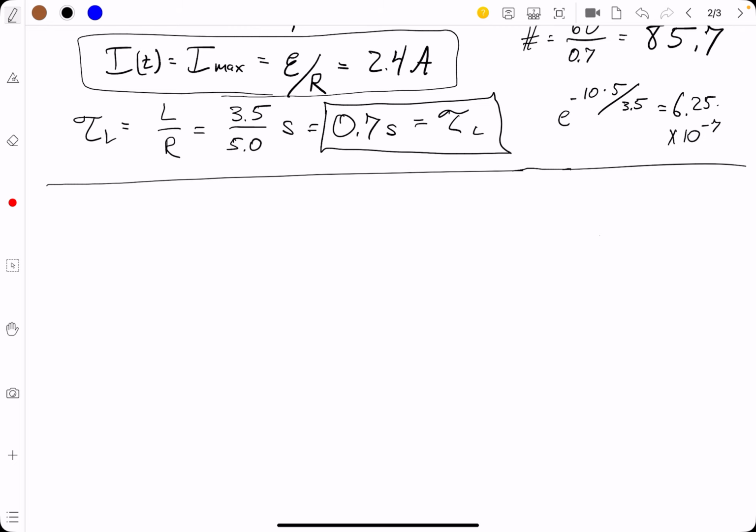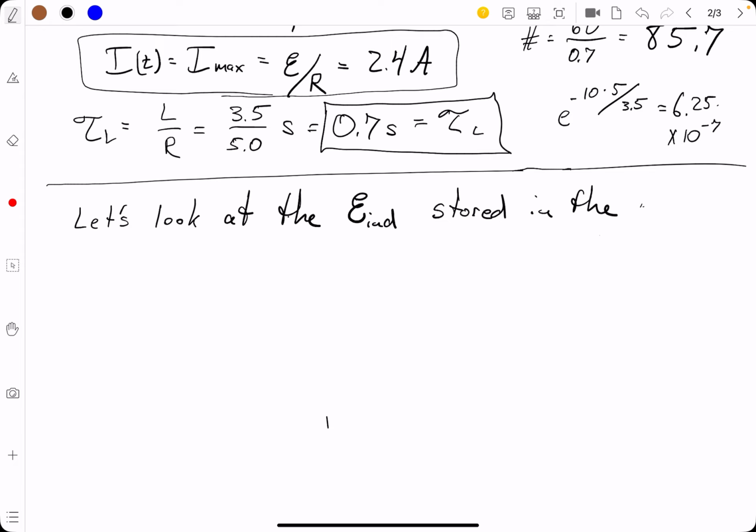Let's look at the induced EMF stored in the inductor. So we have to go back to our circuit. So I'm going to just redraw our circuit.